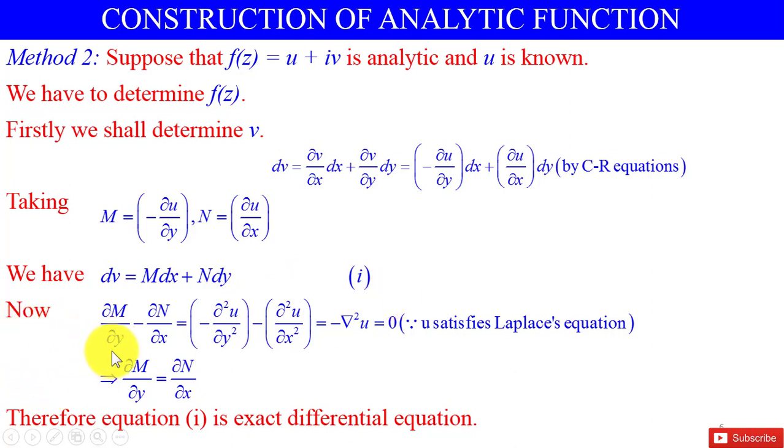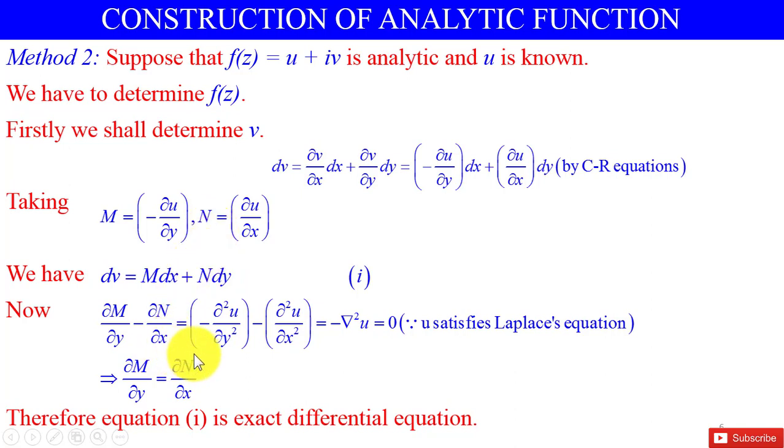Now, del m by del y minus del n by del x. If we differentiate m partially with respect to y, we get del m by del y, and del n by del x is the partial differentiation of n with respect to x.